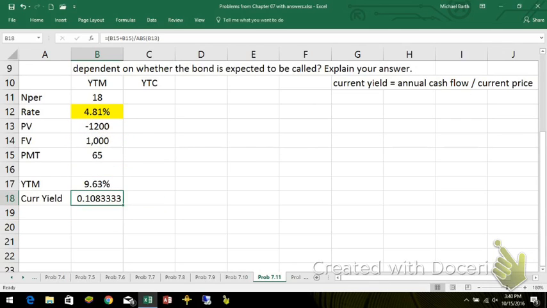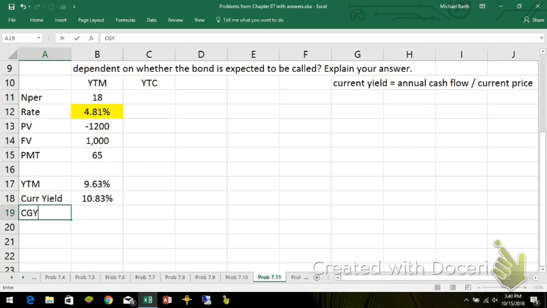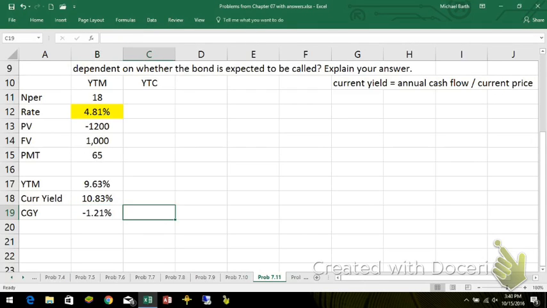So the current yield is 10.83%, and that makes the capital gains yield a negative number. I already knew it was a negative number because the bond is selling at a premium. With a premium bond, if there was no other change in interest rates between now and maturity, that $1,200 today is going to drop to $1,000 at maturity. So that's my yield to maturity.